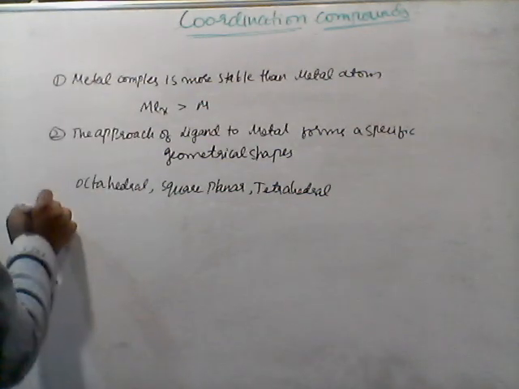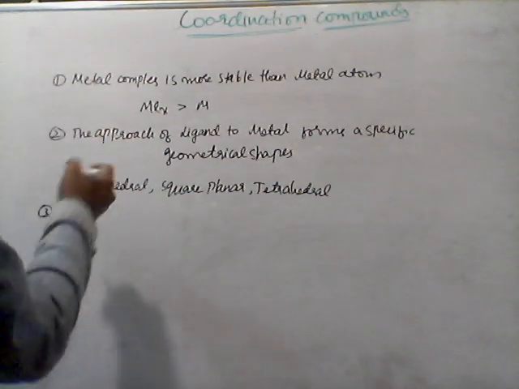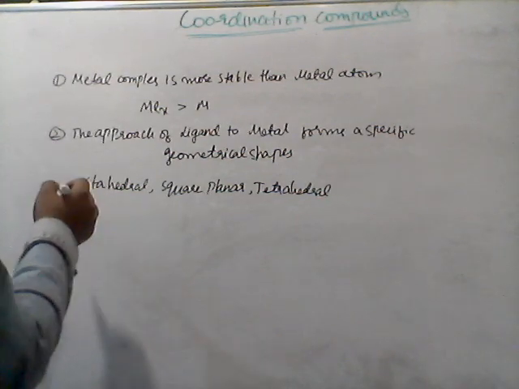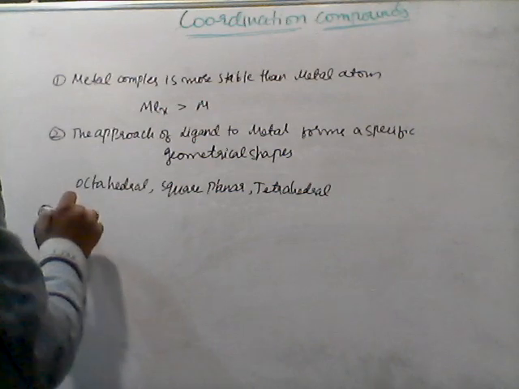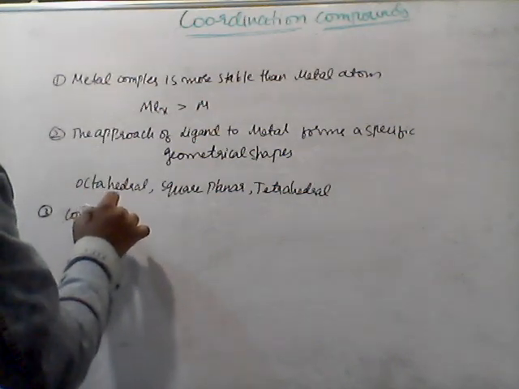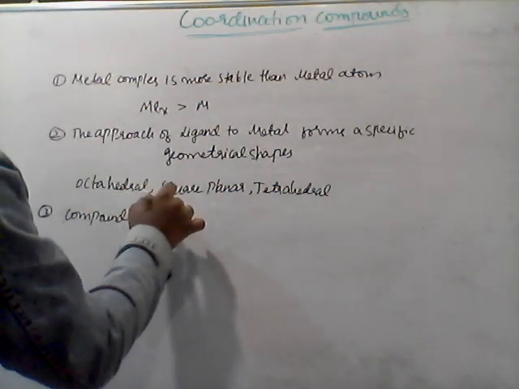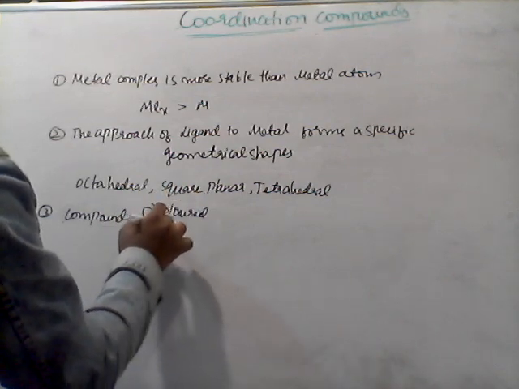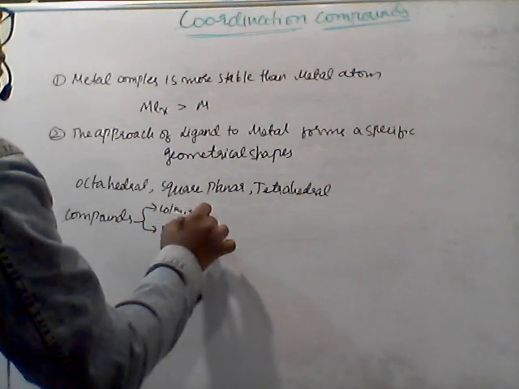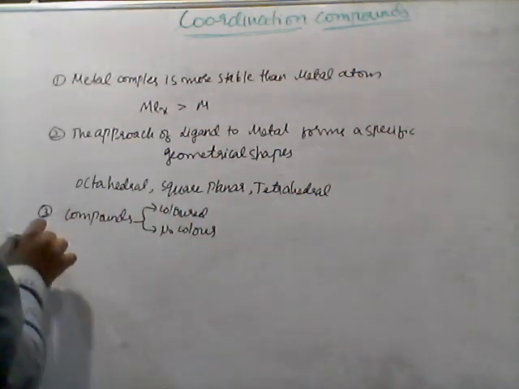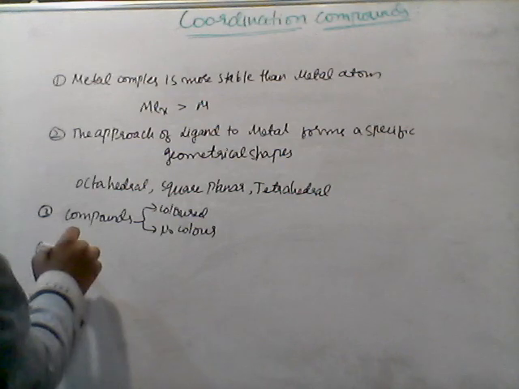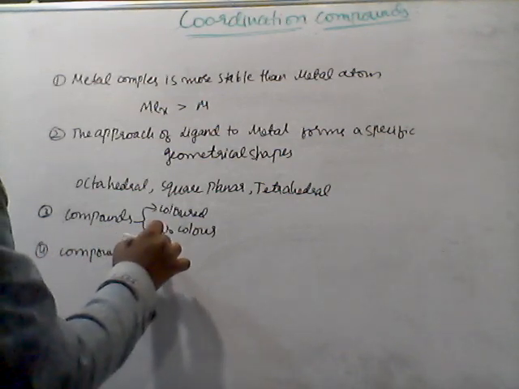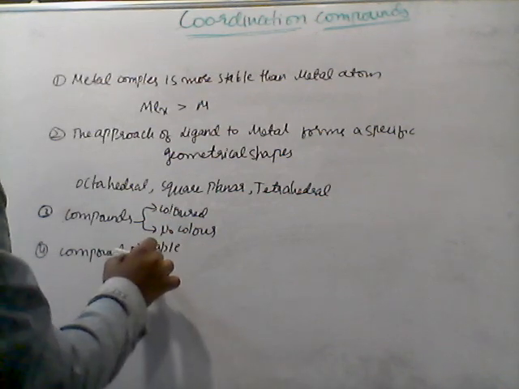Then coming to the third one, there are ligands, there are metal complexes, there are, better say, coordination compounds, which are colored and which have no color. We'll see what these are. Then there are complexes or compounds which are stable and which are unstable.